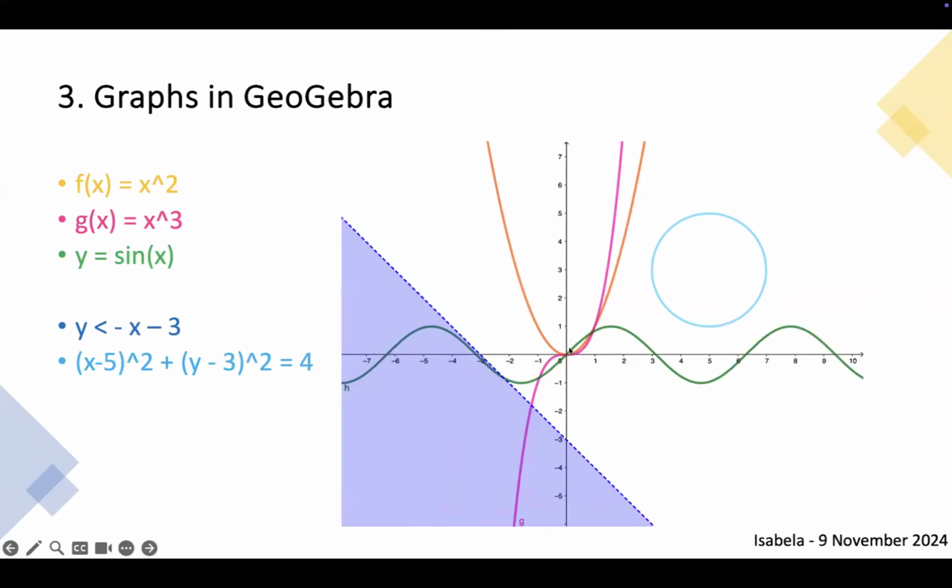A circle is a conic, and also this inequality. Okay, so 5 minutes to experiment, especially the grade 8, because probably for some of you, this is the first time that you graph, no? So just type these equations, and if you have some questions, please type them on the chat box. 5 minutes.